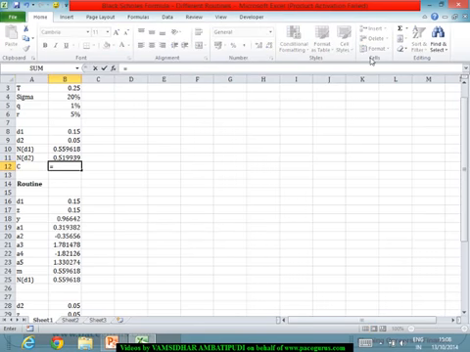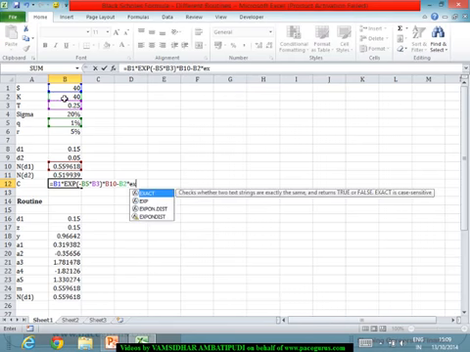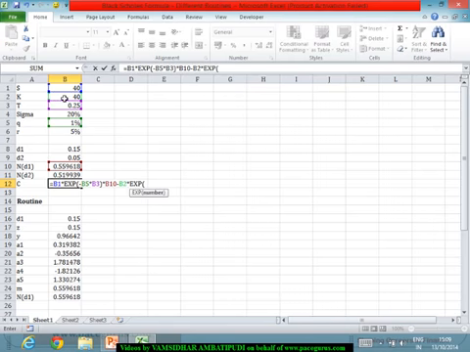Probably the same logic if I am applying here directly using the Excel based formula, let me try out. What is the price of this call option? S naught times e power minus qt times N(d1) minus the present value K times e power minus rt times N(d2).